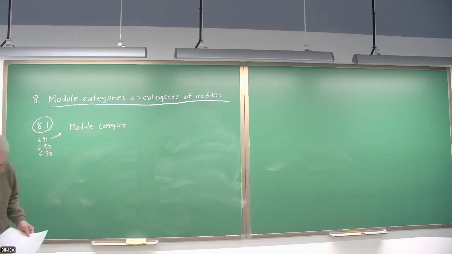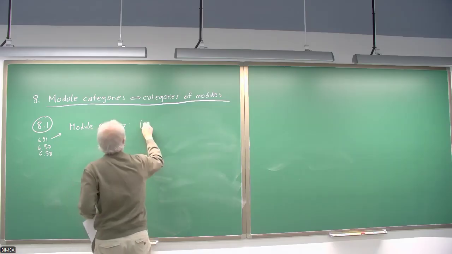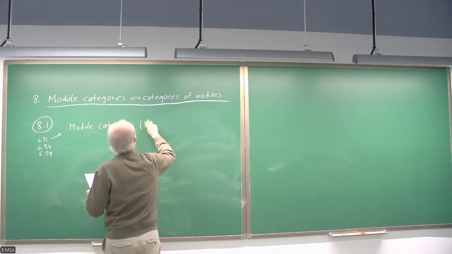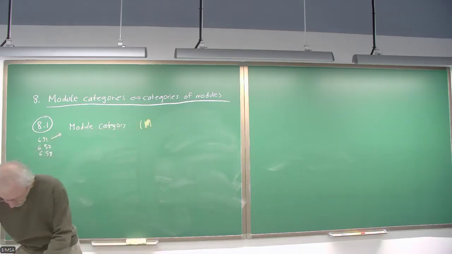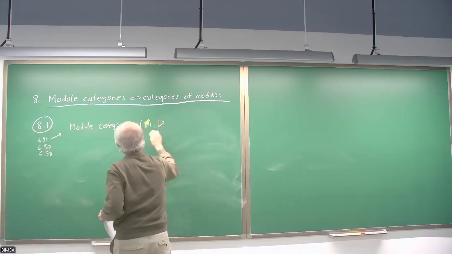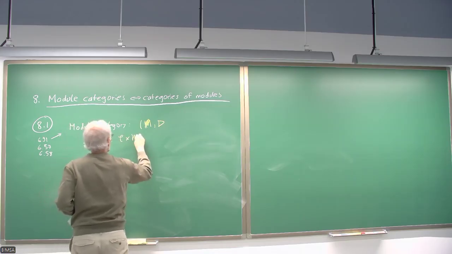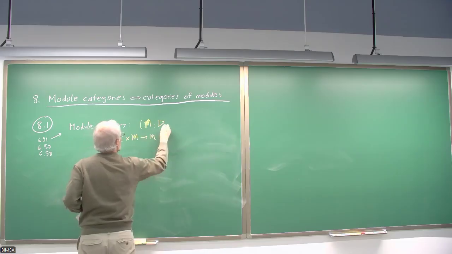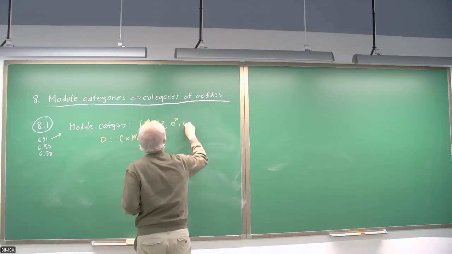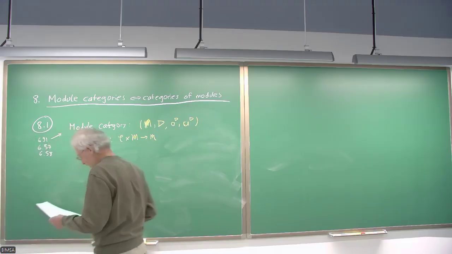So this is a category M together with a functor, if it's a left module category, from C times M to M, and then there is an analog associator and an analog uniter, which I don't write down in any more detail.